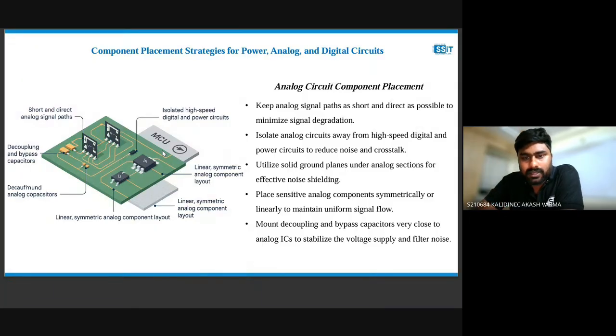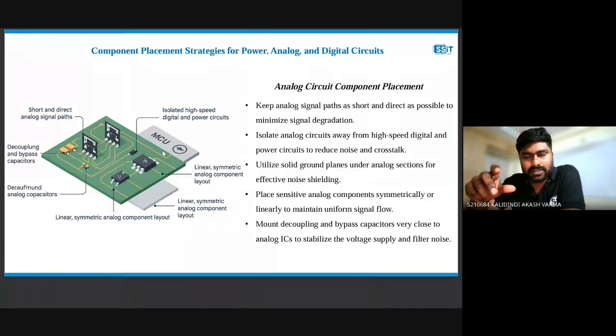And one more thing, we should maintain isolation between high speed digital signals and analog signals, like digital circuitry and analog circuitry, because digital circuitry switching is quicker.